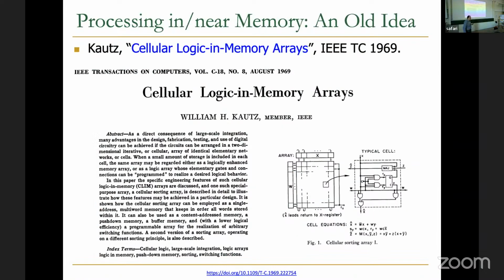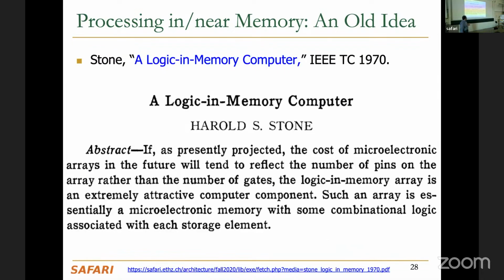So this idea is not new, it's actually relatively old. It was proposed in 1969 in this paper and maybe also earlier. But nowadays this idea is quite a lot more important, and we need to revisit it for many reasons.